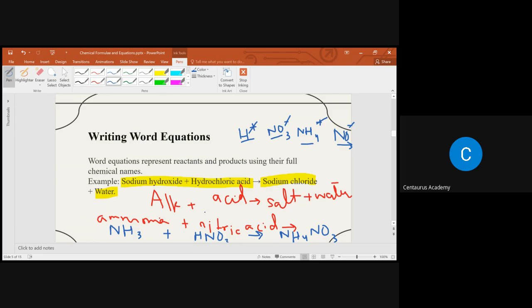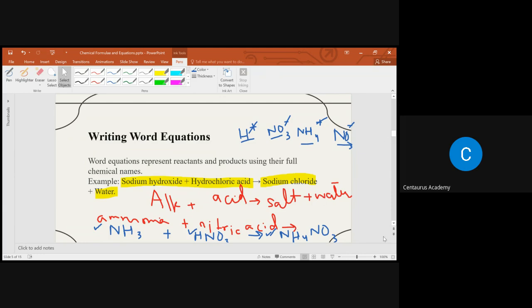If you look at this equation, whenever a simple equation is written, there are three components. You should be writing the correct formula for the respective substances, for instance the reactants and the products. The next thing is you should be writing correct state symbols. And it shouldn't be an unbalanced chemical equation; it should be chemically balanced.